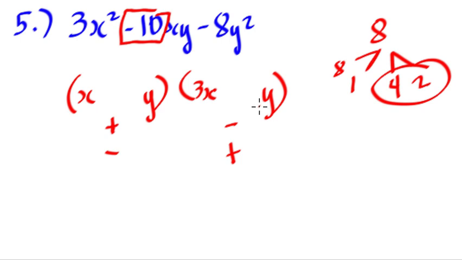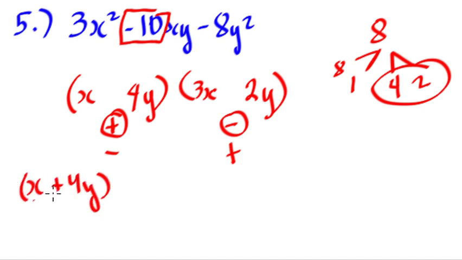So let's try to put 4 here for now, and then 2 here. Let's use this pair first, plus and minus. So let's try x plus 4y times 3x minus 2y.